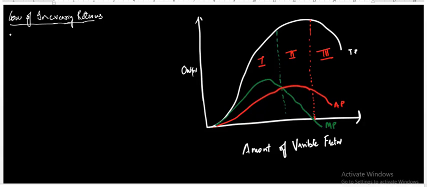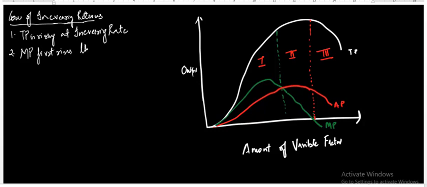The first point I will write is that total product is rising at an increasing rate. What about marginal product? The marginal product first rises and then falls, but is still positive.